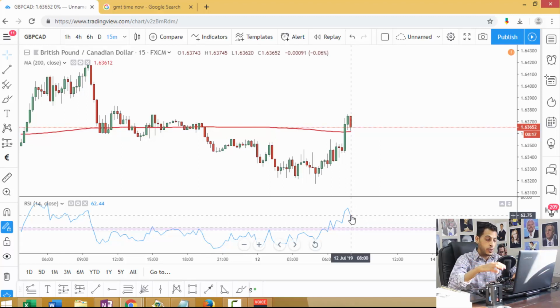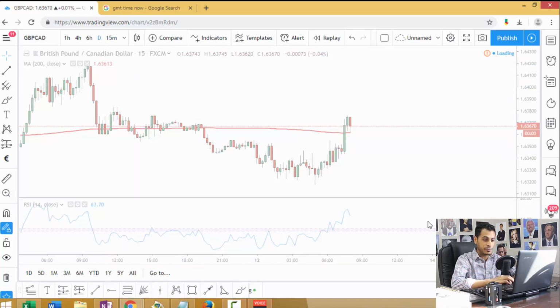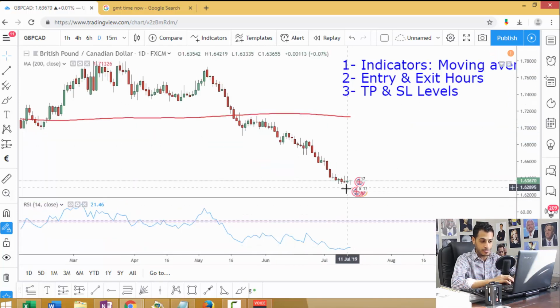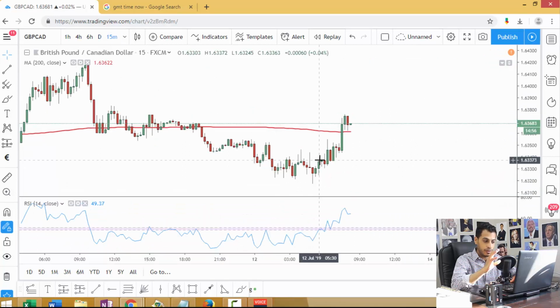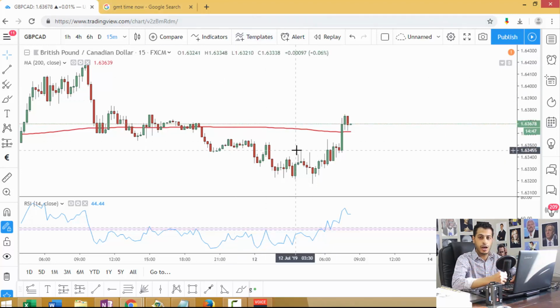So if these two conditions remain, by 11 p.m. we are still above 51 or at 51 in the RSI in the 15 minutes time frame, and obviously we are going to remain below the 200 moving average in the daily time frame. If these two conditions are still true at 11 p.m. in GMT plus 3 time zone, then we are going to open a short position in pound CAD dollar.